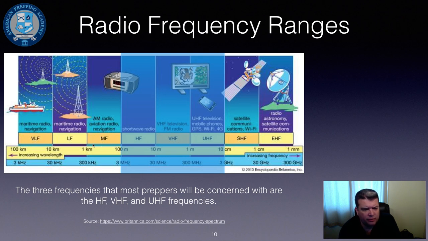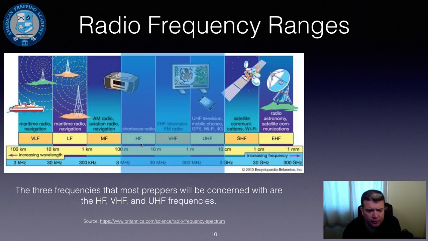And then we move into the medium frequency range and the HF or high frequency range, and those are used for aviation navigation as well as AM radios. And if you've ever heard airplanes talking on your AM radio, that's because they are in a similar range.